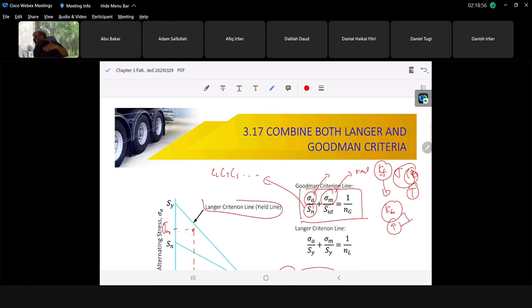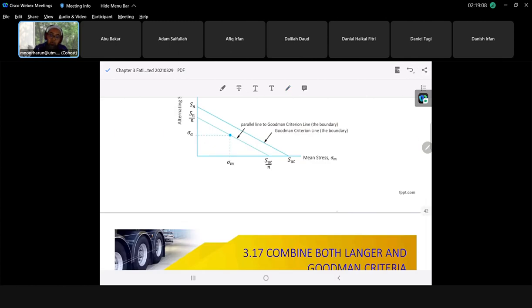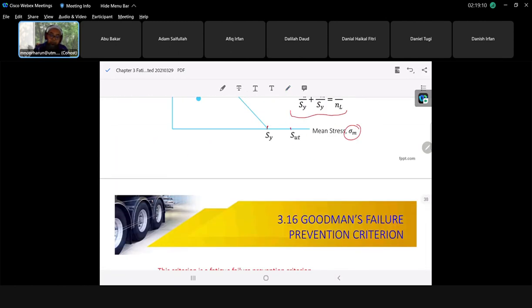So if you see all the graphs or all the tables, the most important is how we deal with this one.